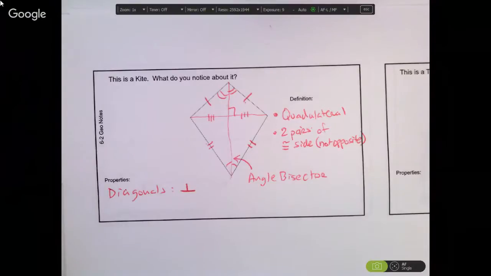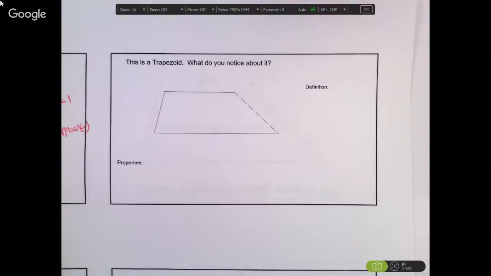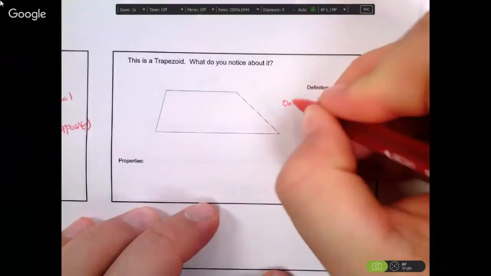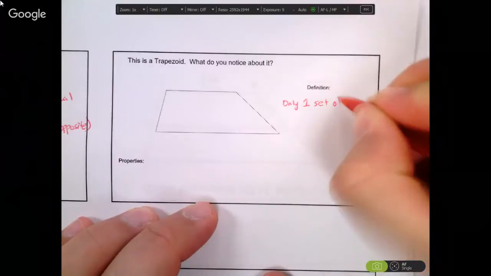Any questions on that? Okay, so next is the trapezoid. Okay, so by definition, the trapezoid doesn't have very many properties, yeah? Only one set of, how do I do parallel?